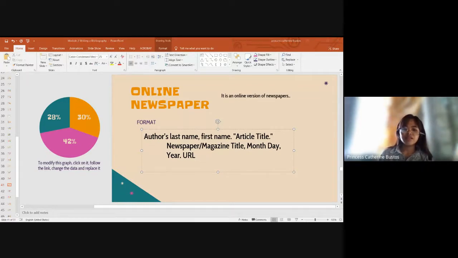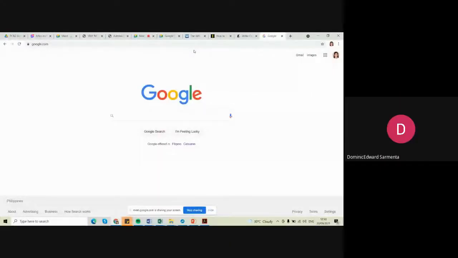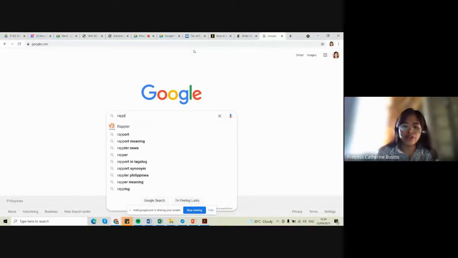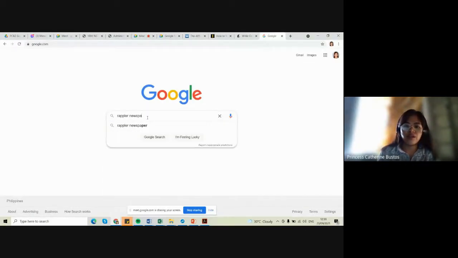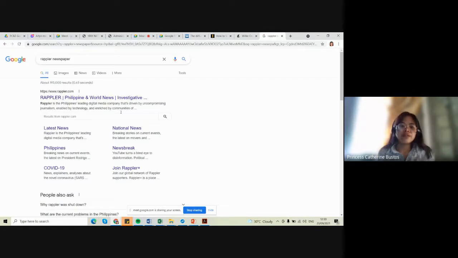Okay, so let's have an example. Can you give me the name of any newspaper that you know? Rappler. Okay, Rappler newspaper.